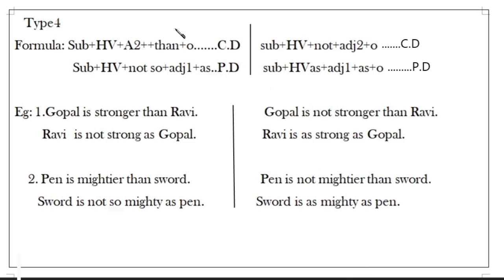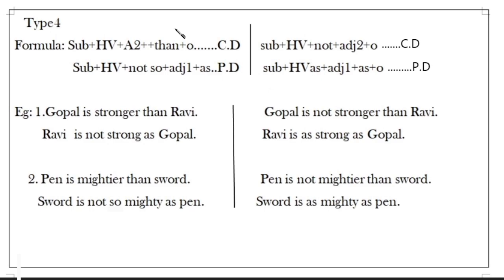In type 4, only two subjects will be given to change from one form to another form. When the subjects are only two, the formation of the superlative degree is not possible. In that case, the transformation can take place only from positive to comparative or comparative to positive degree.